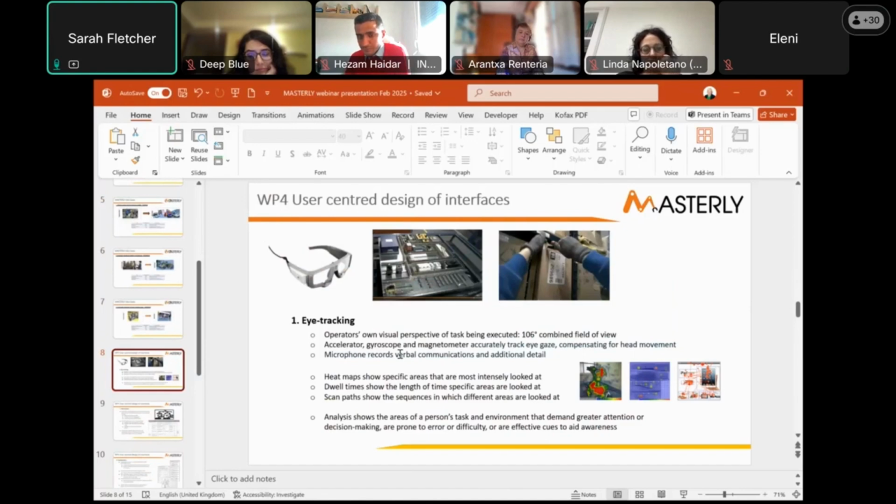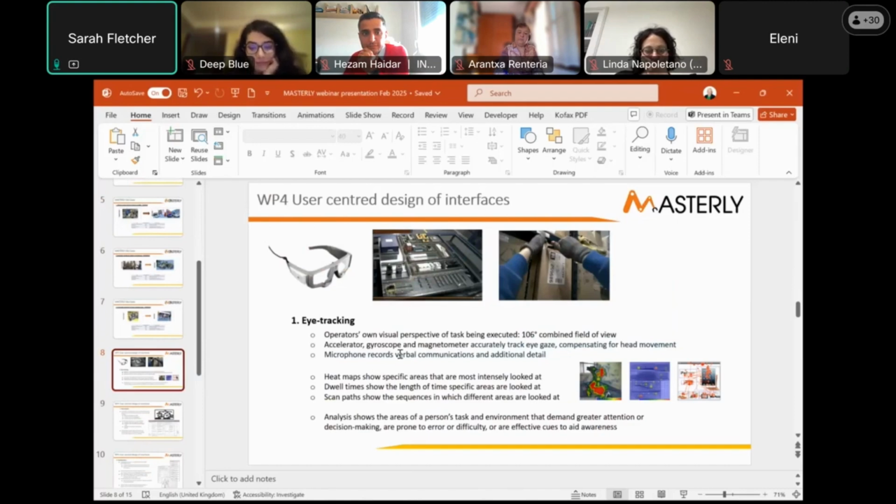So we want to understand that, and we use eye tracking for that, where we get operators to perform their tasks wearing the eye trackers, which gives us the operators' own perspective of the task being executed. It gives us a good combined field of view, horizontal and vertical. And we have these eye tracker systems that involve accelerometers, gyroscopes and magnetometers, which accurately track their eye gaze and compensate for head movement.